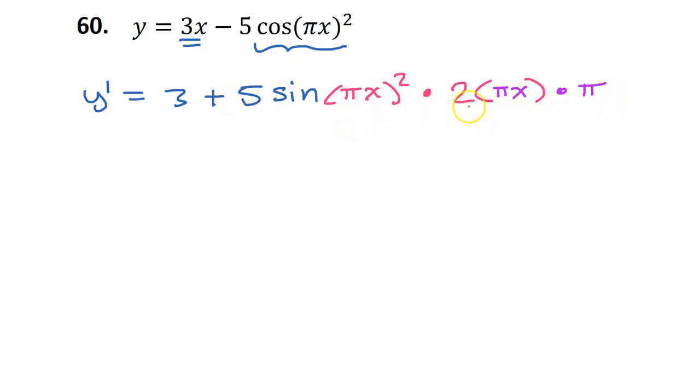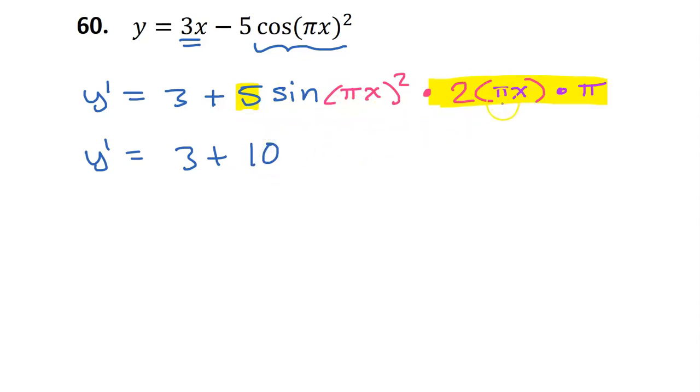So I'm just going to clean this up a little bit. So far, I just brought down the 3. So all of this stuff that's outside of the sine function can be sort of combined. So I've got the 5 times 2, so I'm going to have a 10 sitting here.